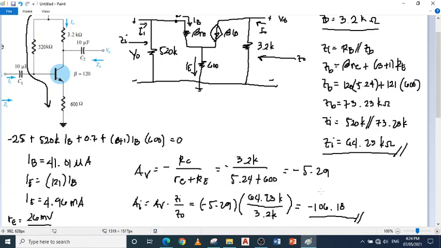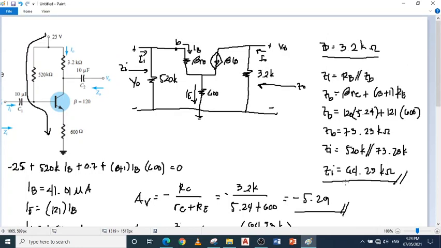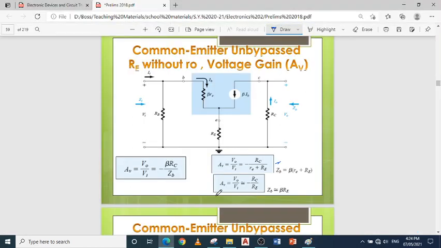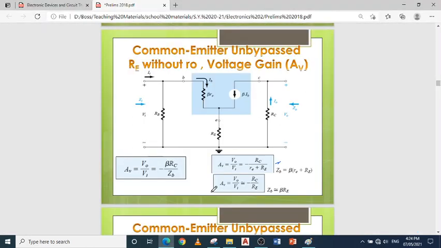So that is our current gain. This is our voltage gain. Okay, and then ZO, ayan. Okay, so that is for common emitter with bypassed RE.